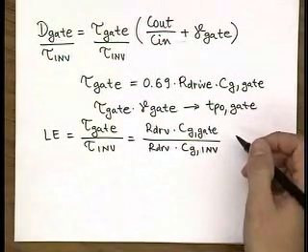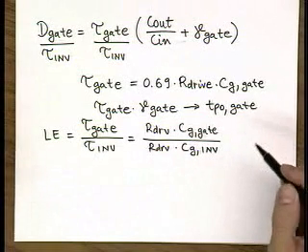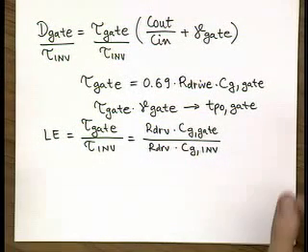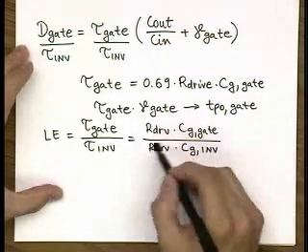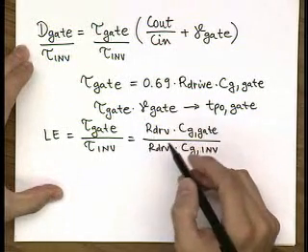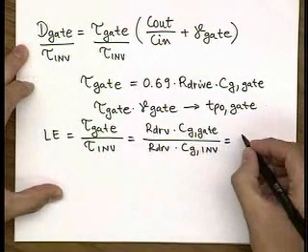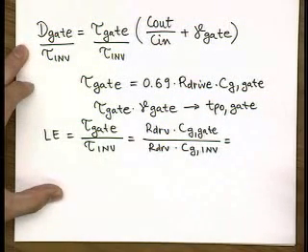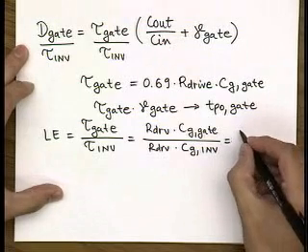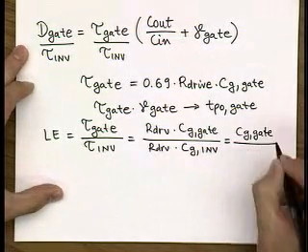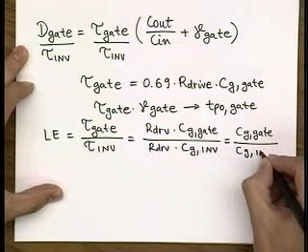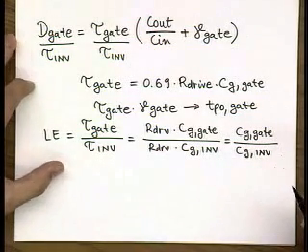By definition, we want to size this gate so that it has the same pull-up and pull-down resistance as an inverter. Therefore, drive resistances are equal, and logical effort is simply the gate capacitance ratio, CG gate divided by CG inverter.